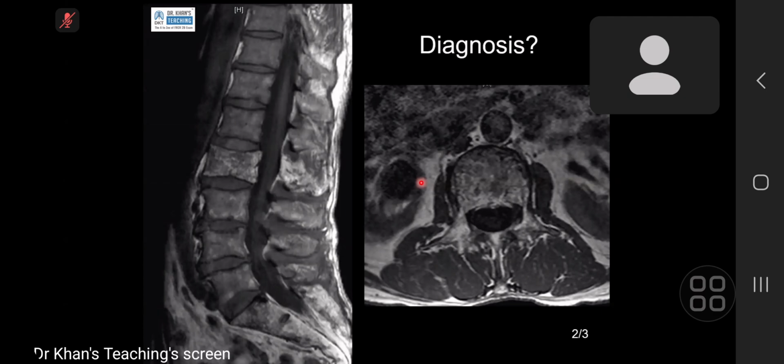This is the T1 sagittal MRI for the same patient. I can see that there is diffuse increase in T1 signal intensity within this vertebral body in comparison with the rest of the vertebral bodies. Because of the high signal, it could represent bone marrow changes.